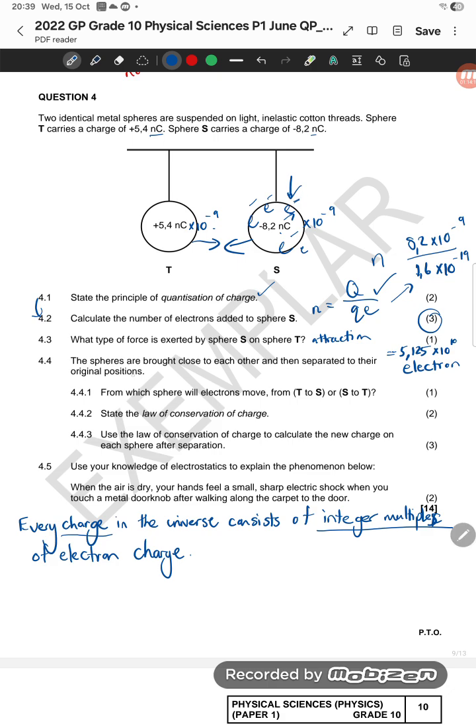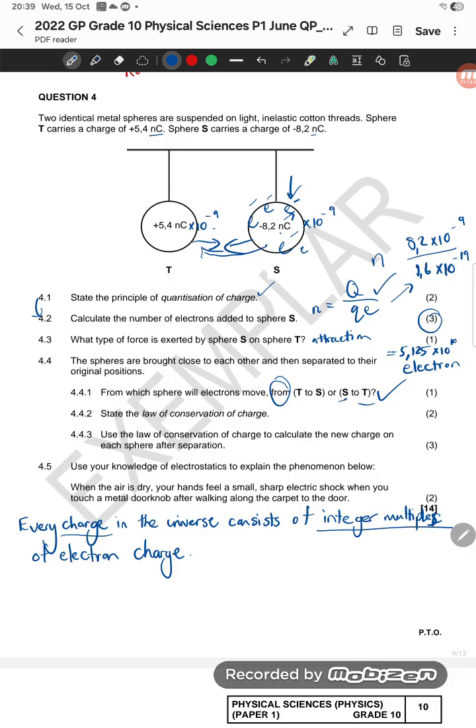The spheres are brought close to each other and then separated. Okay, so now they have bonded, and this guy has shared his electrons with T. Okay. Which way will electrons move? Well, obviously from S to T. That's pretty obvious.